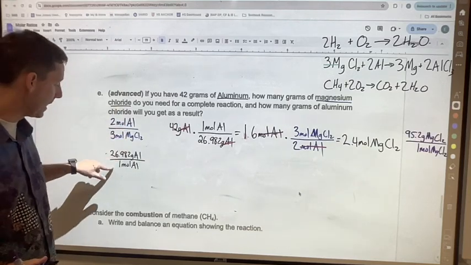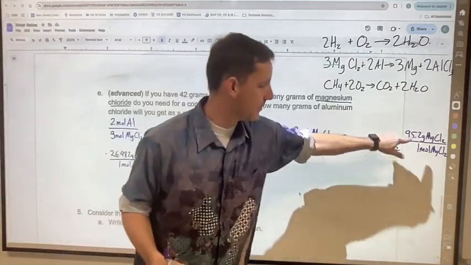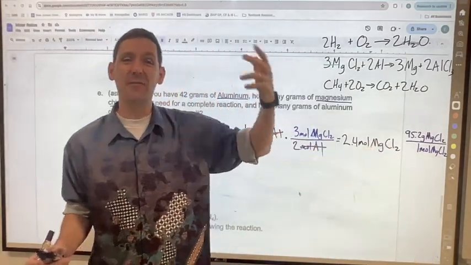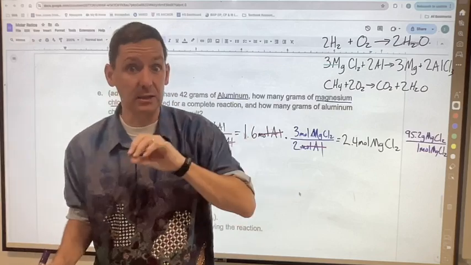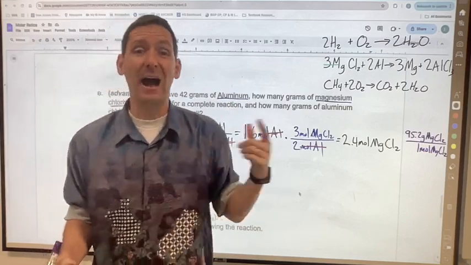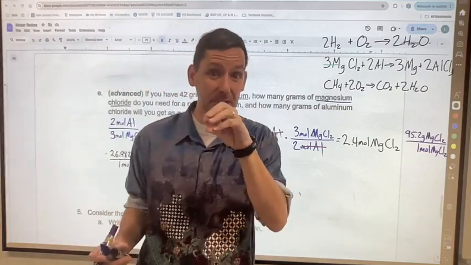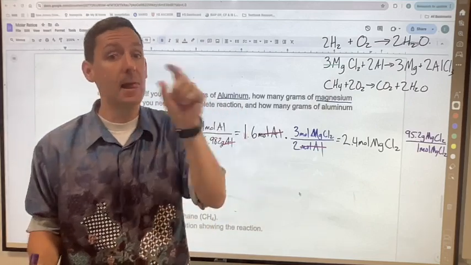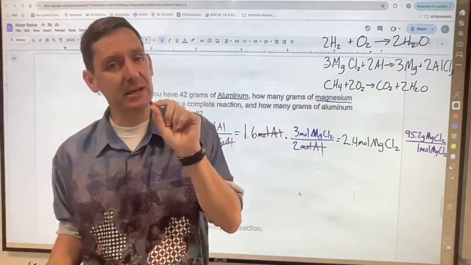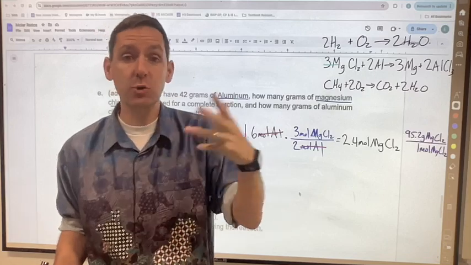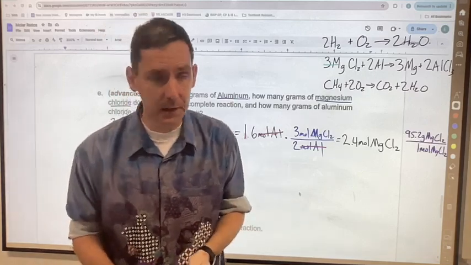I have grams and moles here. I have grams and moles there. Because I have lots more different grams and lots more different moles here, I am going to put the element or the molecule at the end each time so that it's clear to me which one I'm using at that point in time. All right.